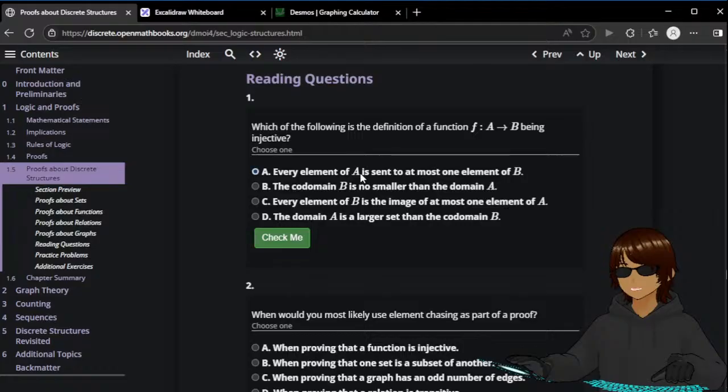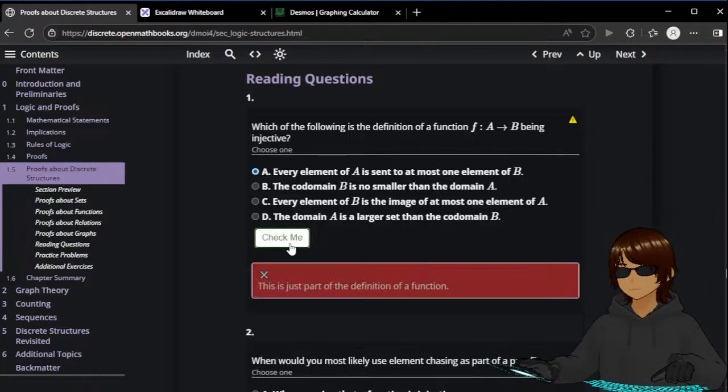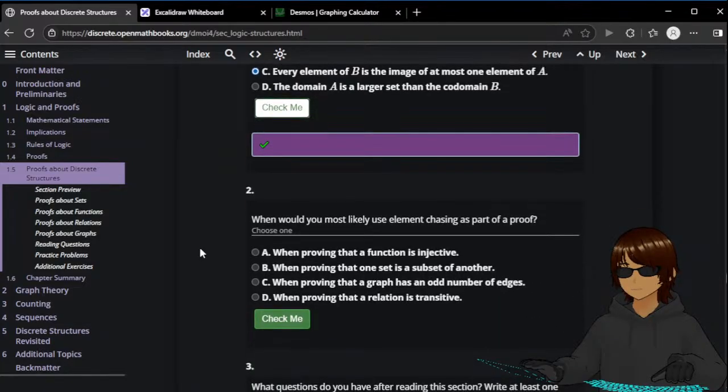Every element of A is sent to at most one element of B. This is just part of the definition. Oh, at most one unique. So, yeah, it has to be definite as well, right? Every element of B is the image of at most one element of A. This is correct, yeah.